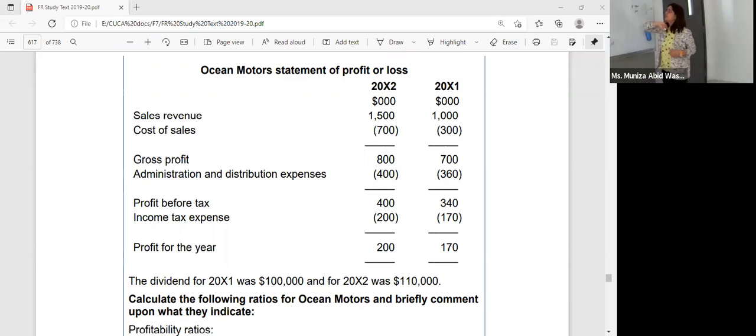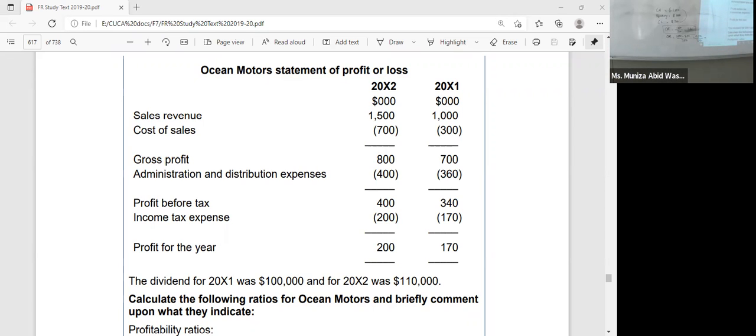Okay, now 700 divided by 1000 multiplied by 100? 70%. Okay. Now, how are you going to comment on this? Why do we have to calculate it? Because it is required.